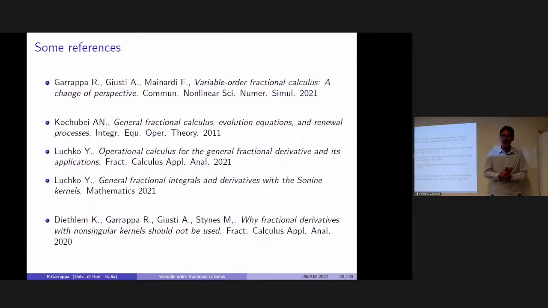This result came from the Luchko theory of generalized fractional order. About the concatenation, he also asked about the concatenation of derivatives of different variable order. I think that this is an open question.